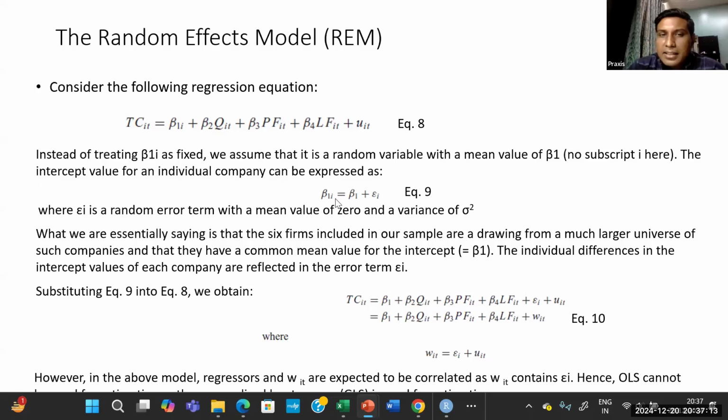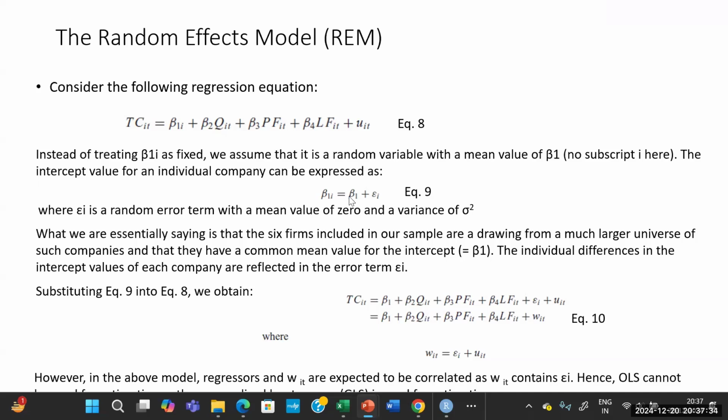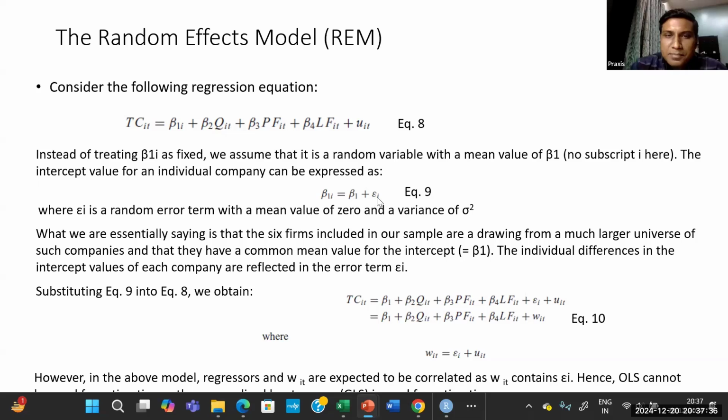So the intercept for a particular company is equal to a common intercept plus some deviation from that intercept. Is it clear? So this part is constant, but this one is random. This epsilon I is a random error with a mean value of 0 and variance of sigma square, right?